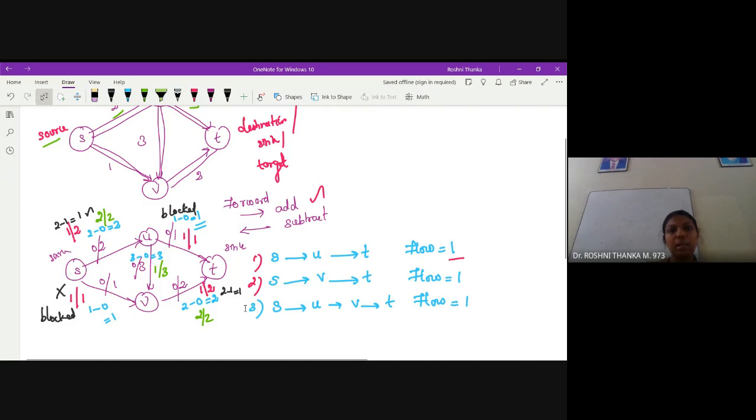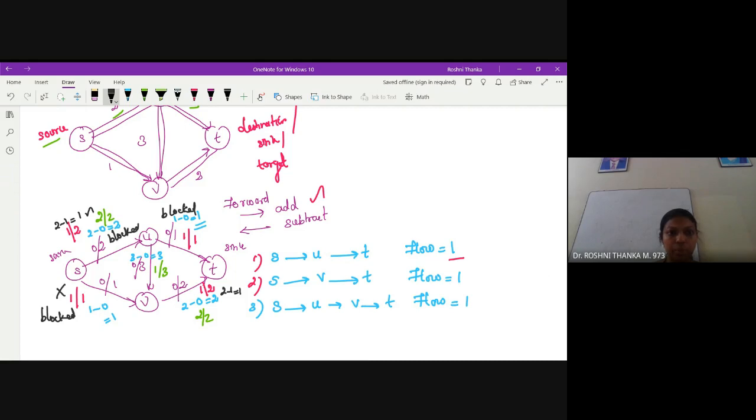So it's done. Now again we have to say, is there any more path through which we can send data again from source to destination? So if you see this path, it is again 2 by 2, which means 2 is the capacity, 2 is used. And this path is blocked. So here also I cannot send any more data through this place.